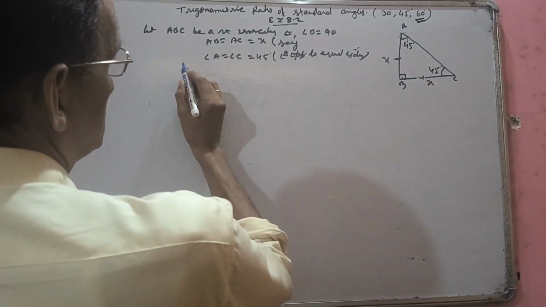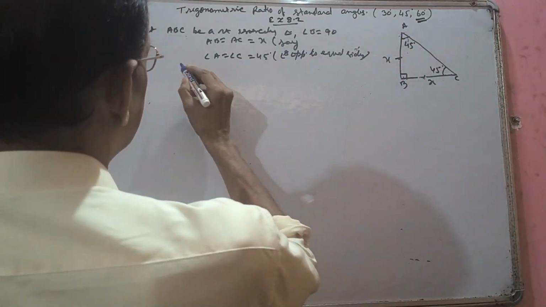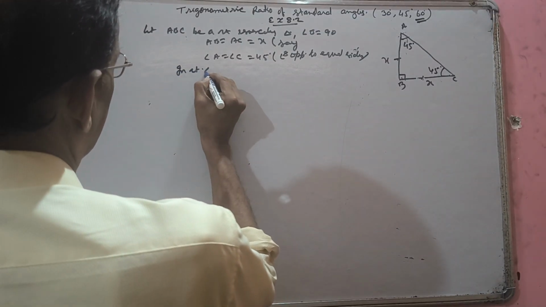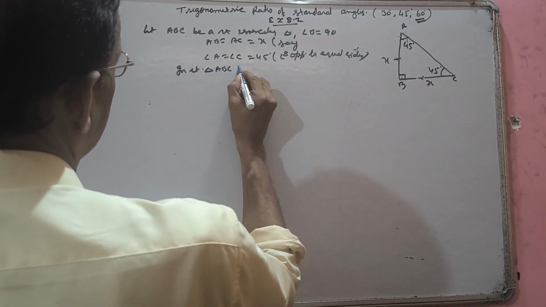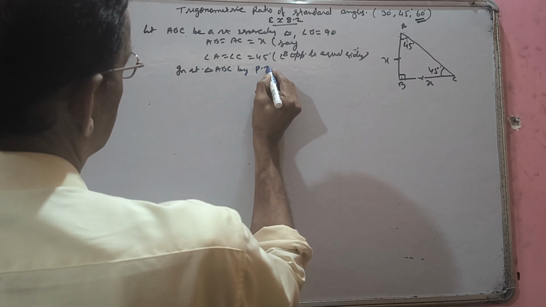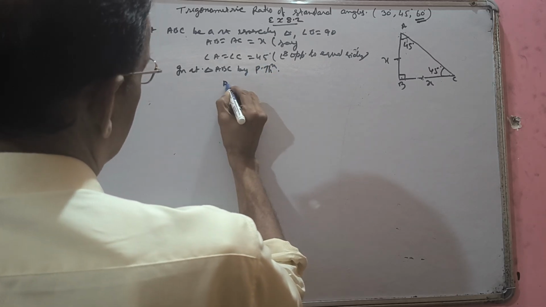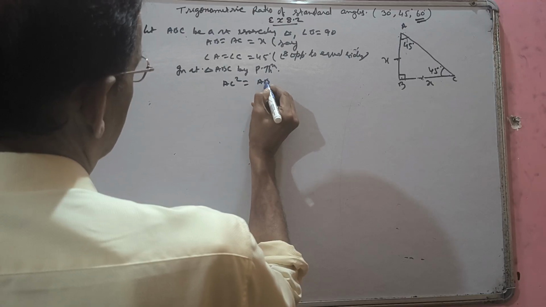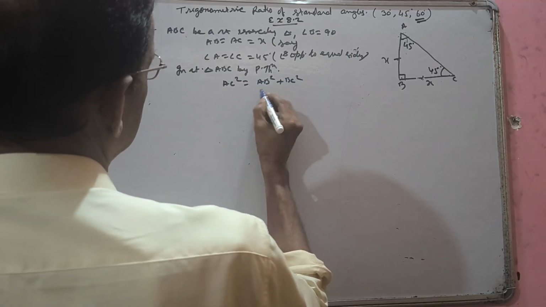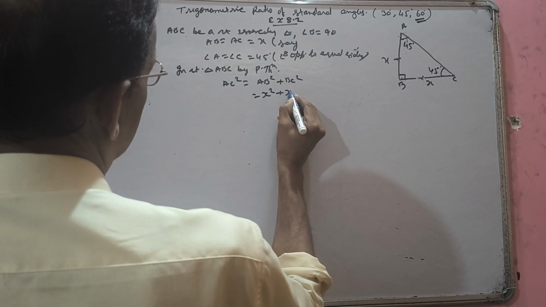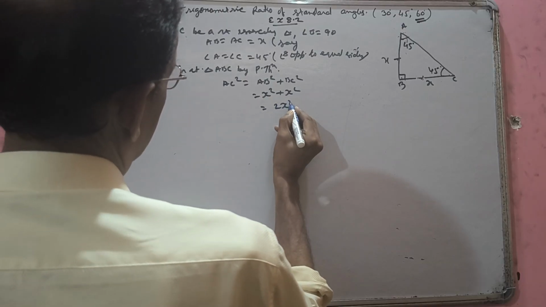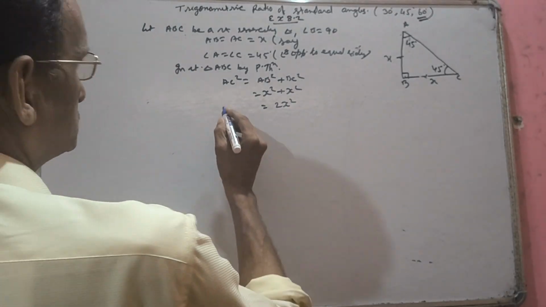Okay. Now we have to find AC. In right triangle ABC, by Pythagoras theorem, what will we get? AC square equal to AB square plus BC square. This is x square plus x square. So how much? Twice x square. This is AC square equal to 2x square.